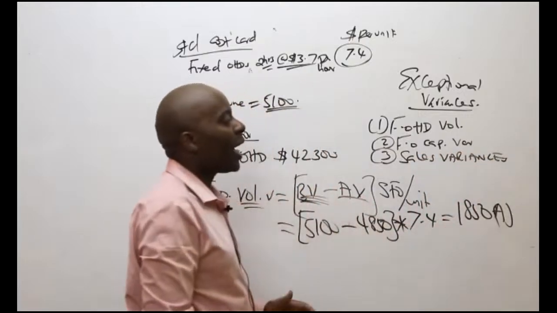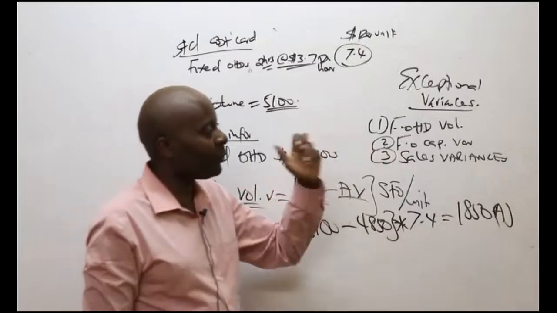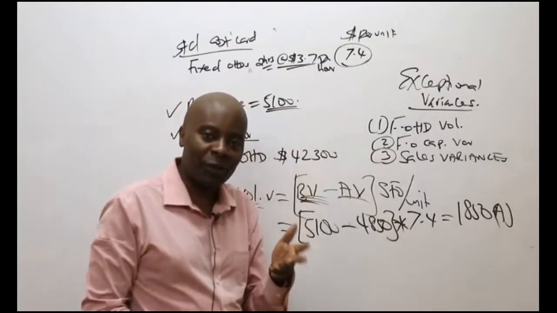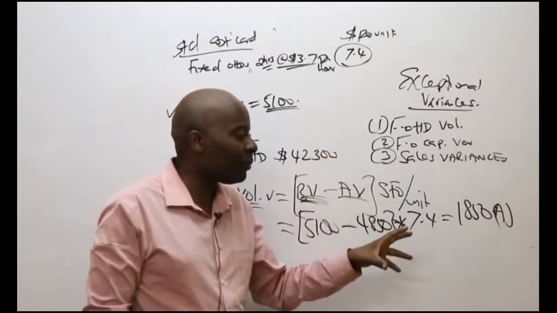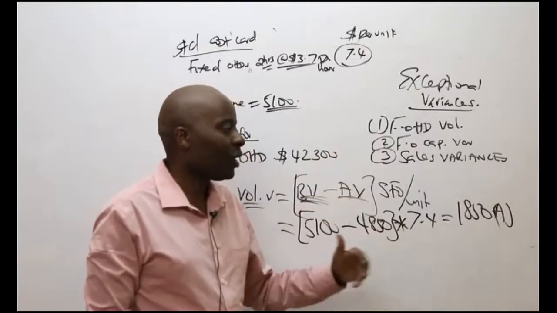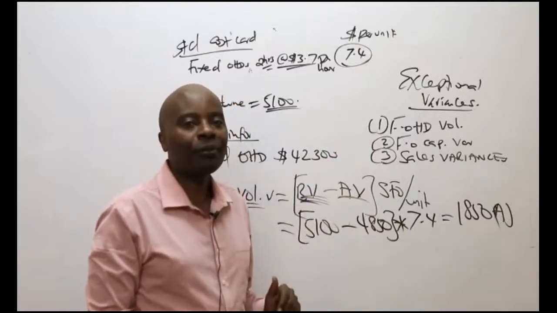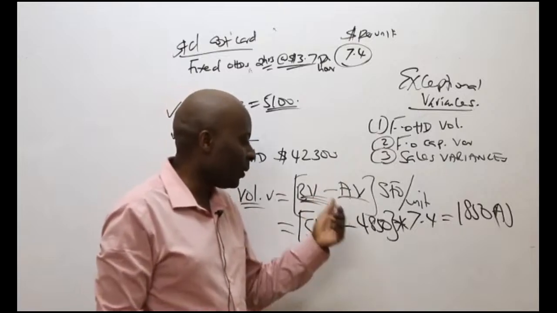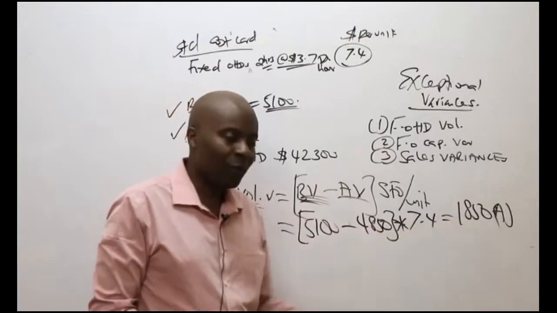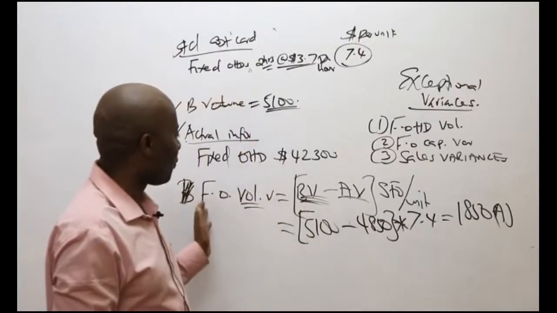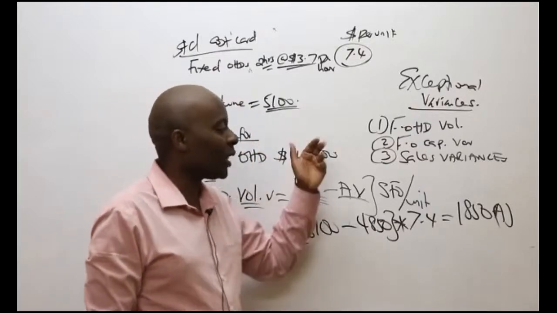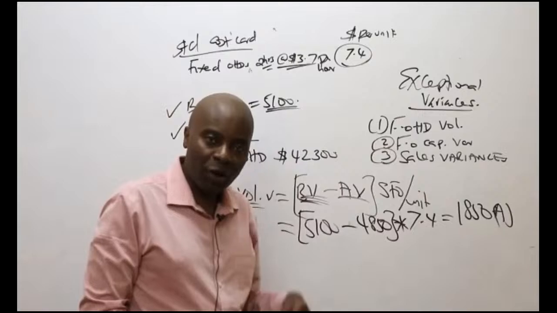Being exceptional doesn't make them hard to compute. Exceptional means that whenever we get them as positive, we interpret them in the opposite way. Ordinarily, this being positive, I would have said favorable. But when I have a keen look at the variance you are computing, it's fixed overhead volume, so I'll have to give it an opposite interpretation.